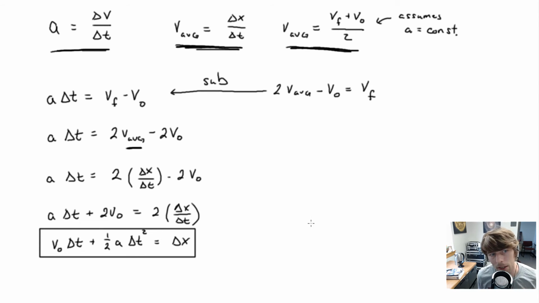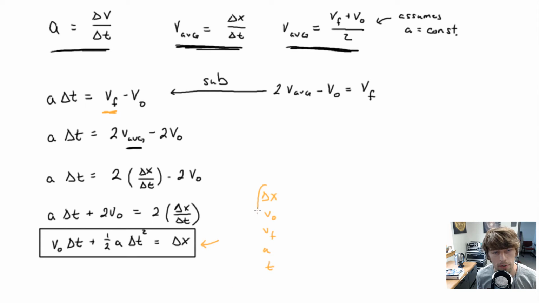Now you say, wait a minute, Greg, when we go back up here, why did you decide to get rid of v final? And I said, arbitrarily. Notice that down here, of those 5 quantities I gave you initially, I gave you delta x, I gave you v naught, I gave you v final, a, and t.